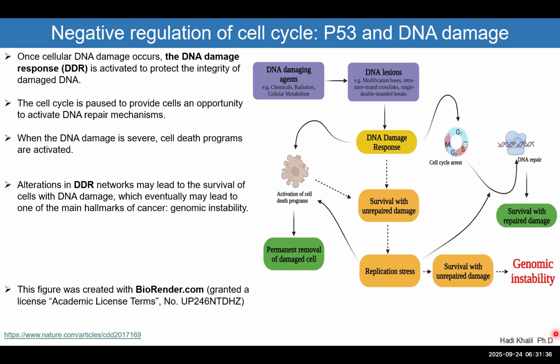When you say chemicals, radiations, and cellular metabolism, a chemical could modify, like we discussed carbon, hydrogen, oxygen, how they really interact. A chemical could bind to those nitrogenous bases and modify them. And therefore, the AT or CG binding to each other could be affected. And therefore, you could create either crosslinks or breaks, single or double stranded breaks in the DNA.